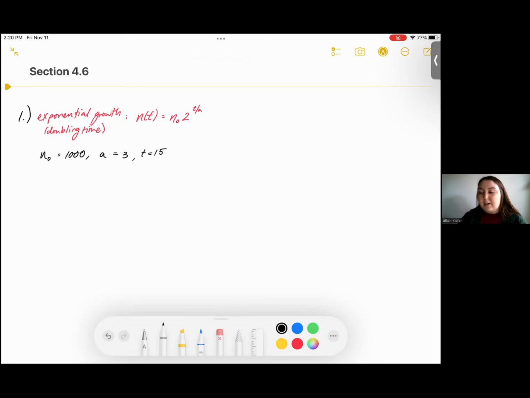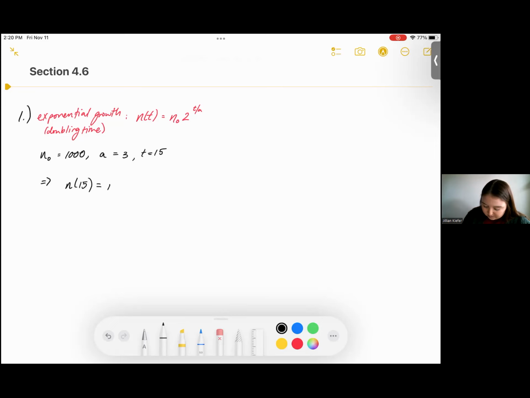We're going to take all of our values and plug them into the formula for exponential growth, doubling time. So n of time t, where t is 15, is really n of 15. This means the amount of population of bacteria after 15 hours.